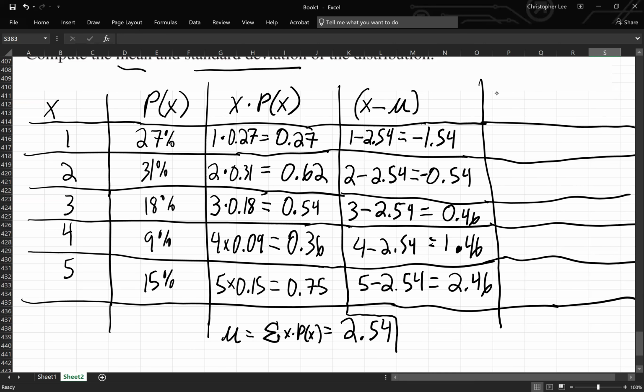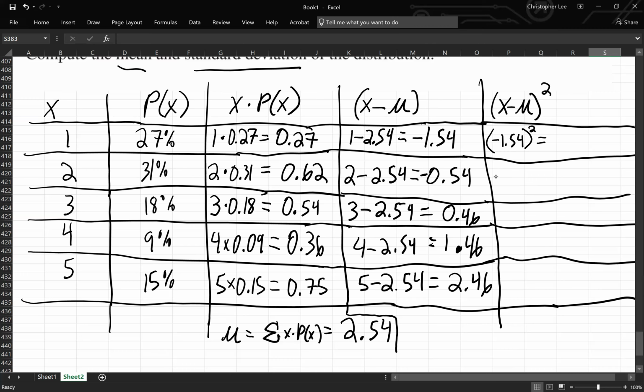So next, I want to square all of these numbers. For example, the first one will be negative 1.54. You're just going to square it in your calculator.